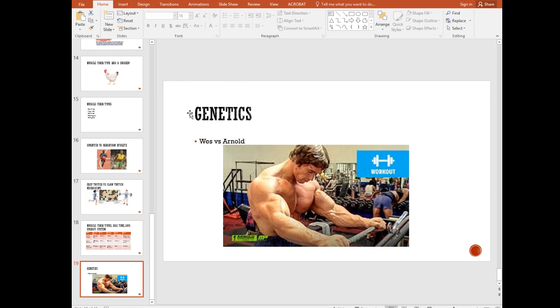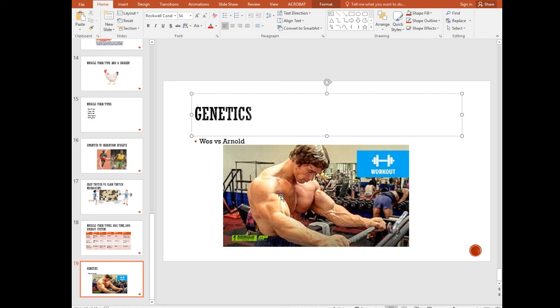So let's talk a little bit about genetics real quick. We have myself versus Arnold Schwarzenegger. We're the same height, same age. Let's just pretend I'm 25 right now and Arnold's 25. If Arnold doesn't train at all, and I train and I supplement and I do everything I can to get big, I might, maybe, get a little bit bigger than him if he doesn't ever touch a weight or do any training.